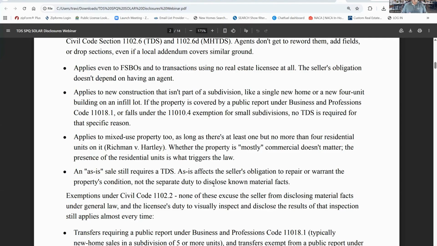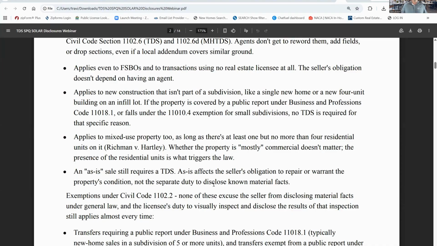It applies to new construction that isn't part of a subdivision, such as a single new home or a new 1 to 4 unit building, like on an infill lot or something like that. If the property is covered by a public report under the Business and Professions Code or falls under an exemption for small subdivisions, then no TDS is required for that specific reason.